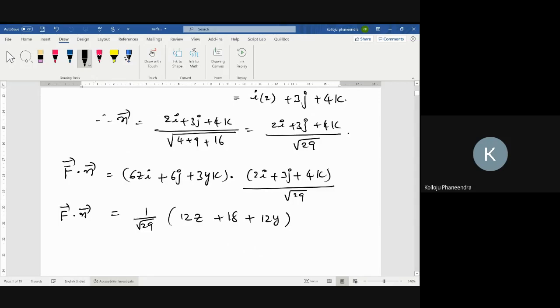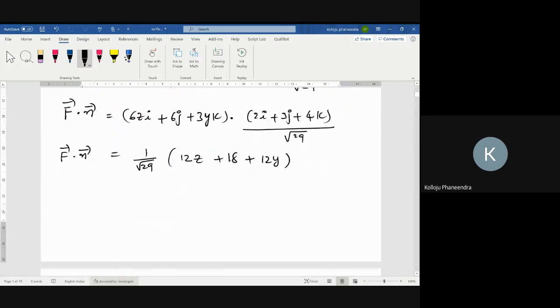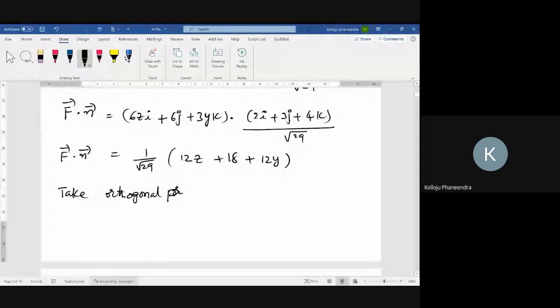Now I told you how to evaluate this surface integral. To evaluate this, take the orthogonal projection of S on any one of the coordinate planes. Let's take the orthogonal projection of S on xy plane.